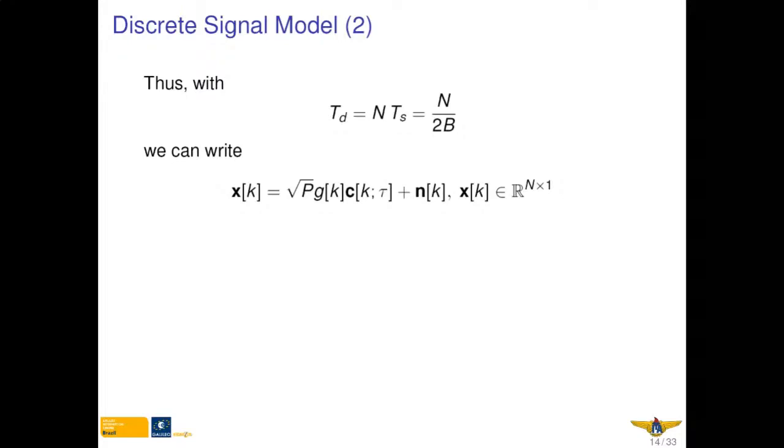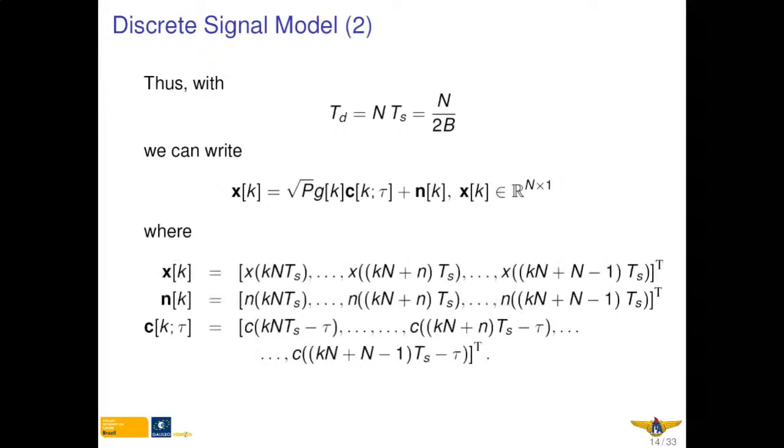All these vectors have N rows and are column vectors. All these vectors can be defined by these equations, where this means transpose. You can see that the signal vector x includes all the signal samples, the noise vector includes all the noise samples, and the vector c includes the delayed spreading sequence, also sampled at nTs. This is always for one period.